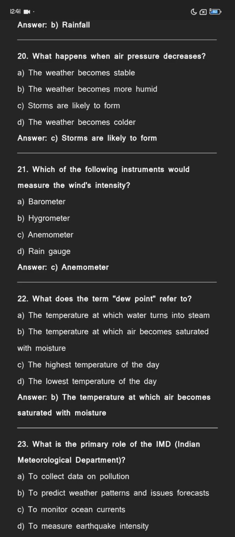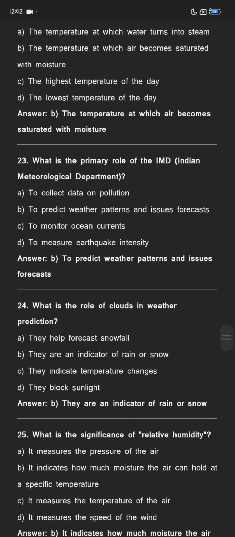The temperature at which water turns into steam, the temperature at which air becomes saturated with moisture, the highest temperature of the day, the lowest temperature of the day. The answer is the temperature at which air becomes saturated with moisture.